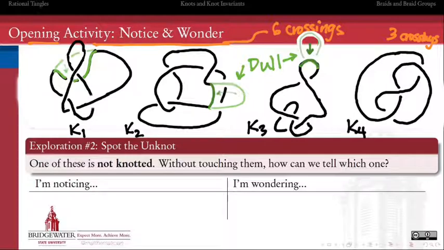It's a valid question to ask, are there other things we could do to a knot diagram besides these three things that could make the diagram simpler without changing the knot that's underneath? And that is a hard knot theory question to answer. In part because it requires us to really have a firm grasp about what it means for two knots to be the same.